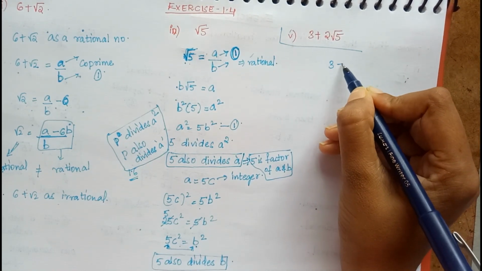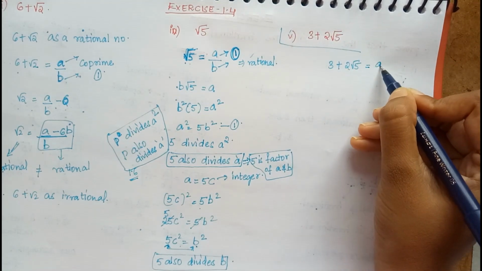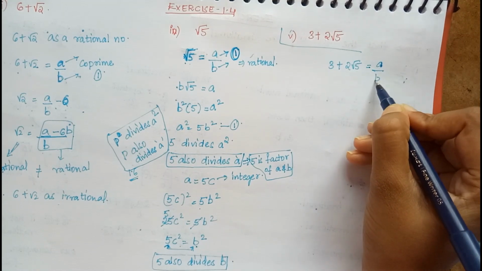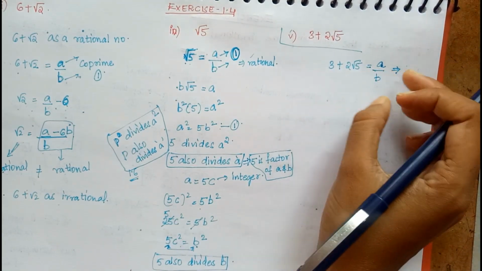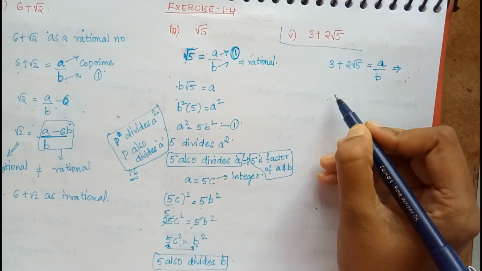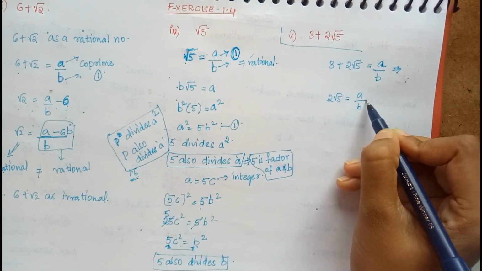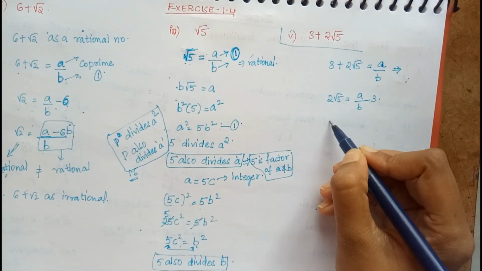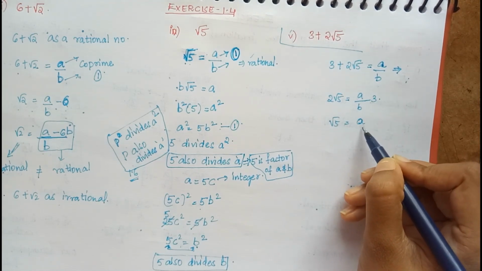Here we'll follow the same process. We'll assume 3 plus 2 root 5 equals a by b. If it is a rational number, then there must exist a by b. By taking 3 to the right side, and again taking 2 to the right side, what you'll get?